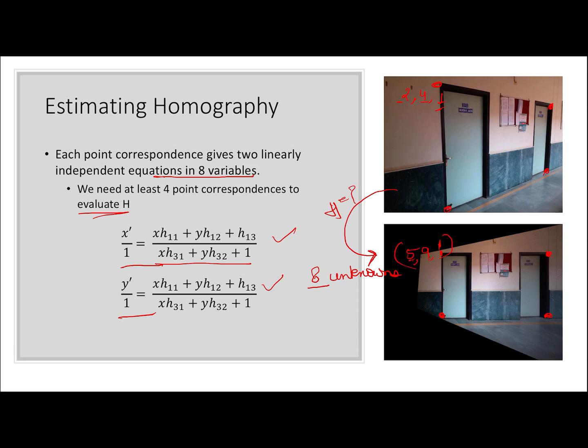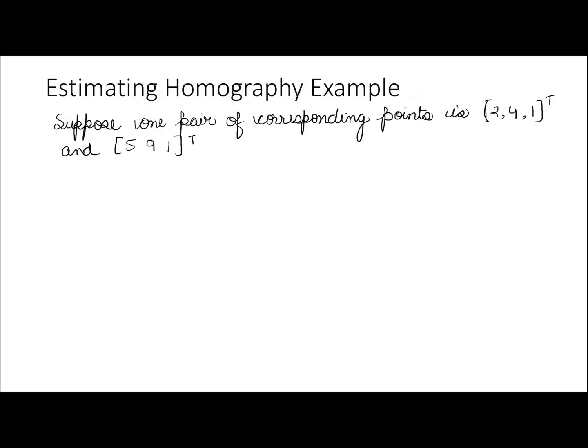This is x, y and this is just 1. So suppose I am taking this one pair of corresponding points. I have a total of 4.